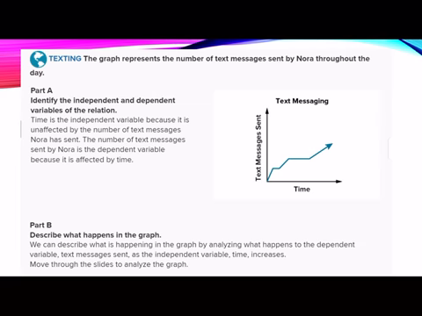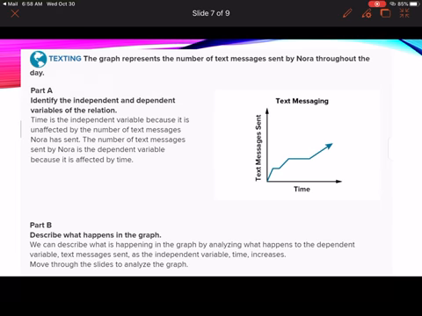Okay, so this is representing relationships. It says texting. The graph represents the number of text messages sent by Nora throughout the day. Identify the independent and dependent variables. So remember, independent is usually the x, and especially if they have it on a graph, remember that's x, this is y, but time is almost always an independent variable.